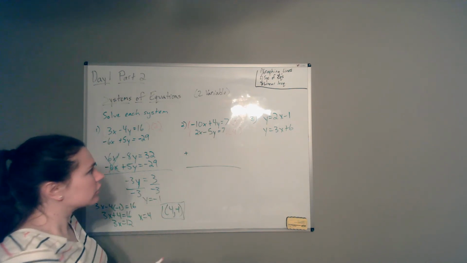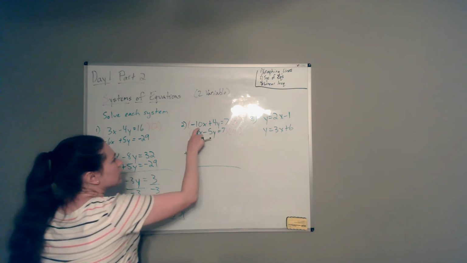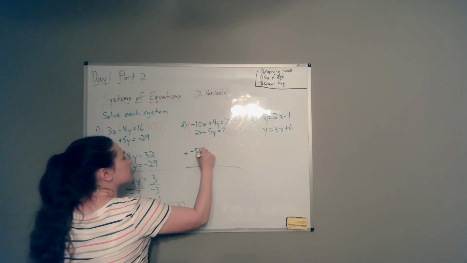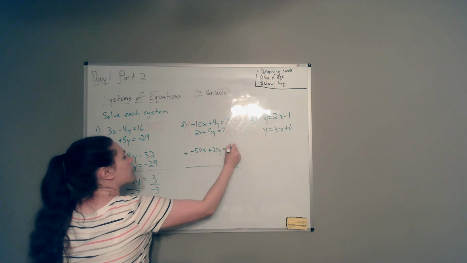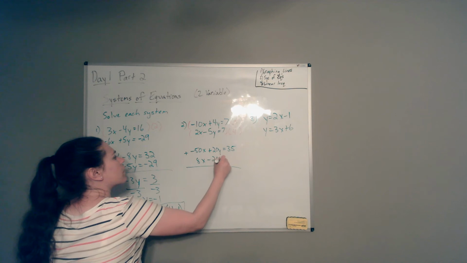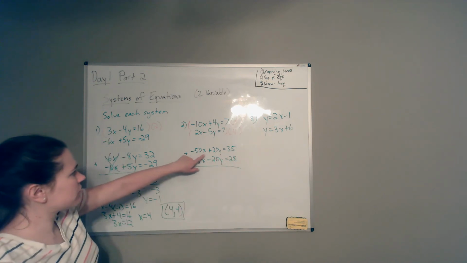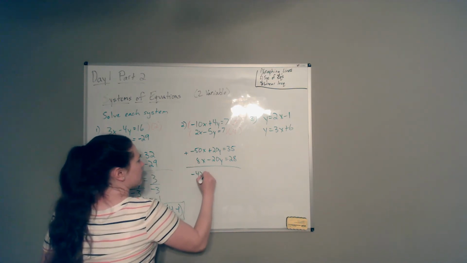All right, so this is going to give us negative 10x times 5 is going to give us negative 50x plus 20y equals 35. 8x minus 20y equals 28. So we're going to add these together. Negative 50x plus 8x gives us negative 42x.